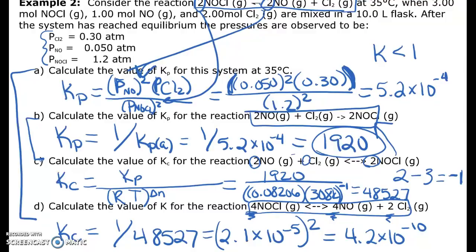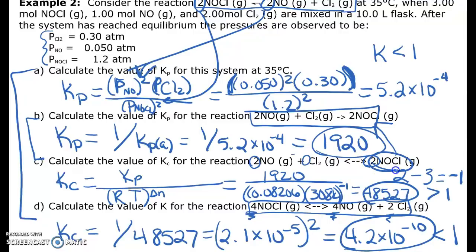Like I said, you should still see something very similar as far as justifying what we know about our system. So in the case of our reverse reaction that we got for C, this value is much greater than 1, and this value is much less than 1. So both of these situations show that this particular equilibrium system is favoring NaCl.